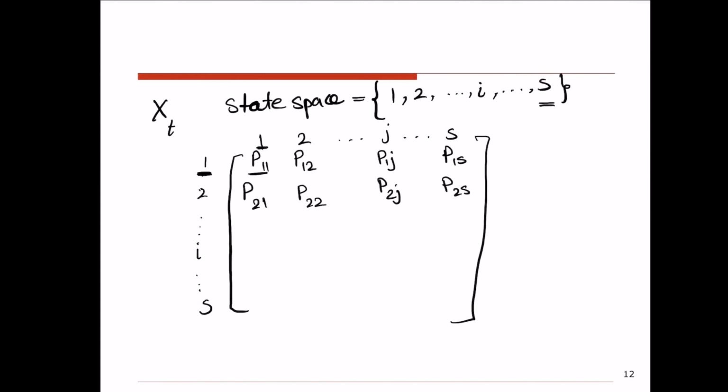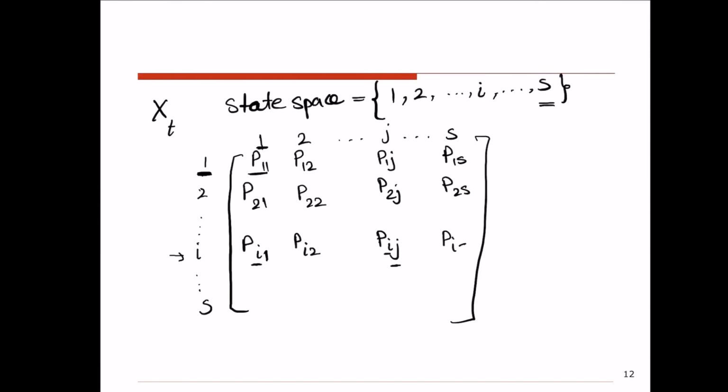P2s. Okay, and for any typical row i, this would be Pi1, meaning that right now I'm at state i. What is the chance that in the next time step I end up at state 1? Pi2, Pij, meaning that right now I'm at state i. What is the probability that in the next time step I end up at state j?